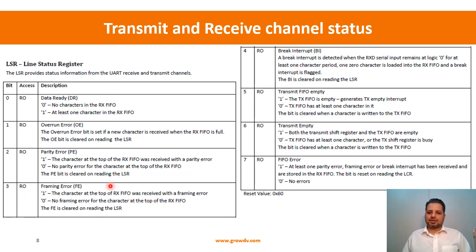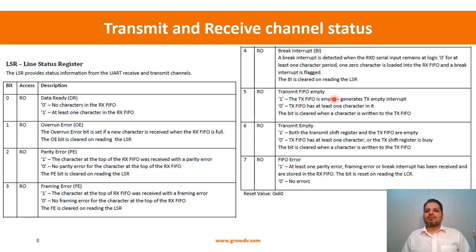What is the condition that has led to that type of interrupt? Because we had seen that all of these conditions were accumulated together to generate one type of interrupt code in the IIR. Now, when that happens, you come and read the LSR to figure out which is the specific condition that is leading to that type of interrupt.